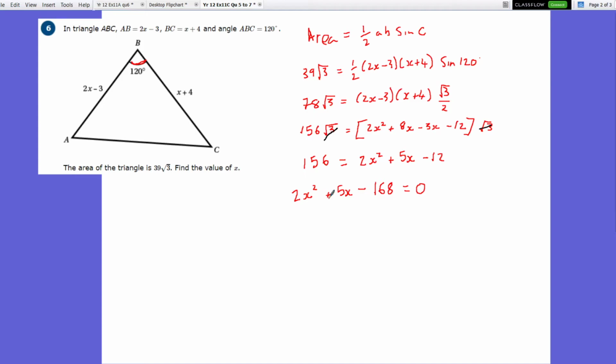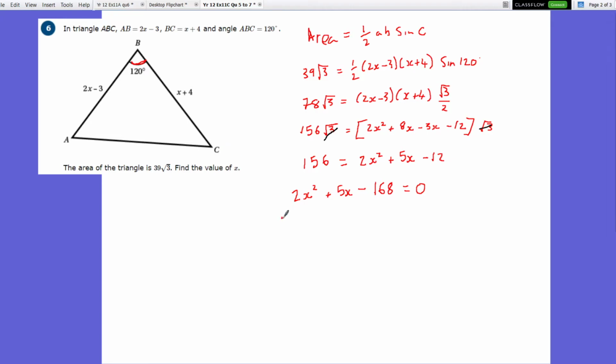I'm going to go onto my calculator and put in the polynomial. So the coefficient of x squared is 2, the coefficient of x is 5, and the constant is minus 168.